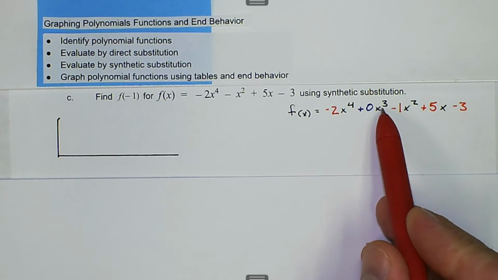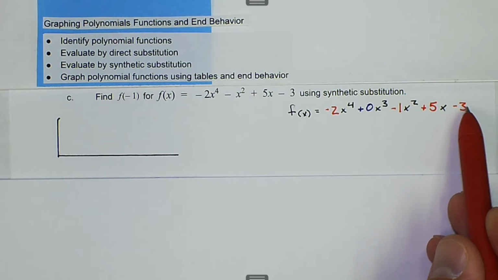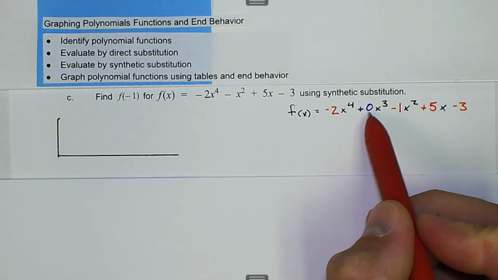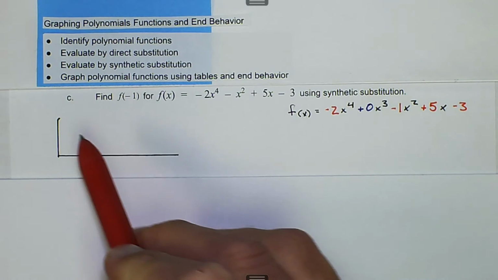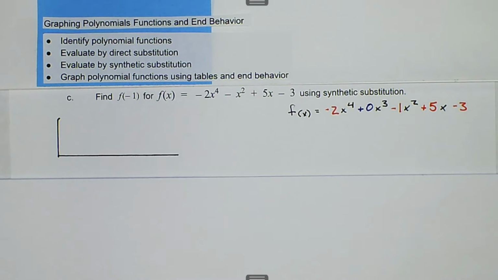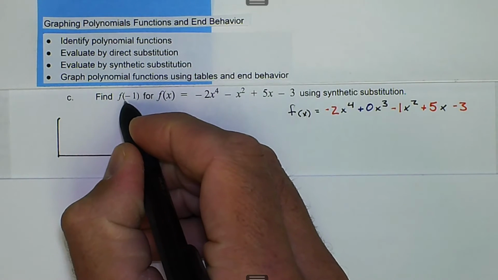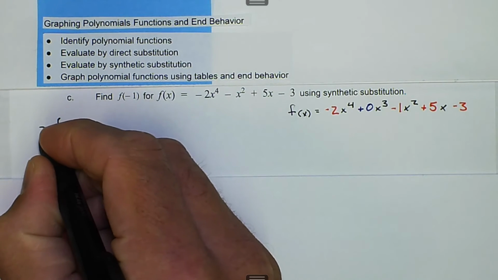So we have 4, 3, 2, 1, 0. So we have all of the parts. And notice that we added the 0 in here. Even though we added it in, we still have to include it when we do our synthetic substitution. So we said that we wanted to evaluate at f of -1.